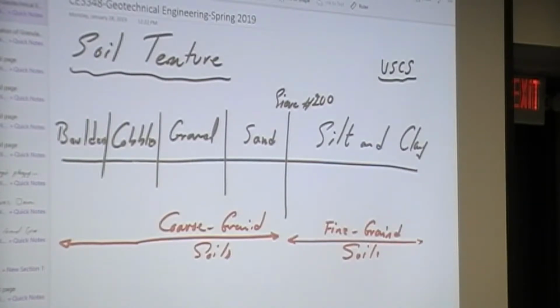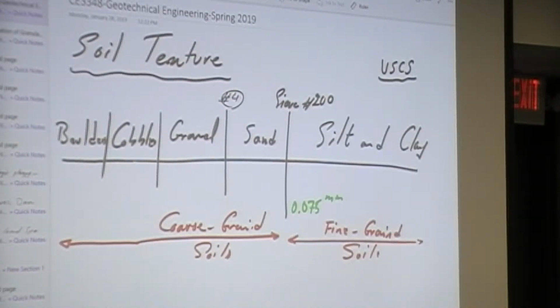So we have sieve number 200, and the value that corresponds to that was 75 microns, or 0.075 millimeters that we talked about. So sand, gravel, cobbles, and boulders there. We have sieve number 4 here, which essentially separates sand and gravelly material.